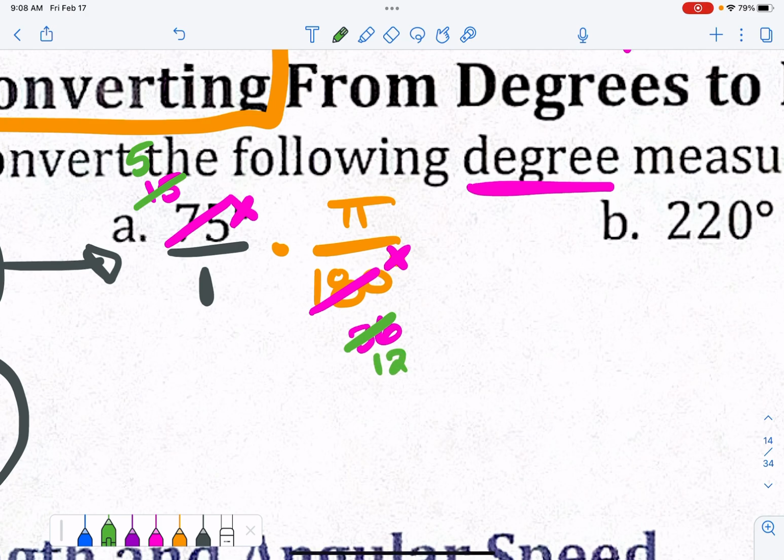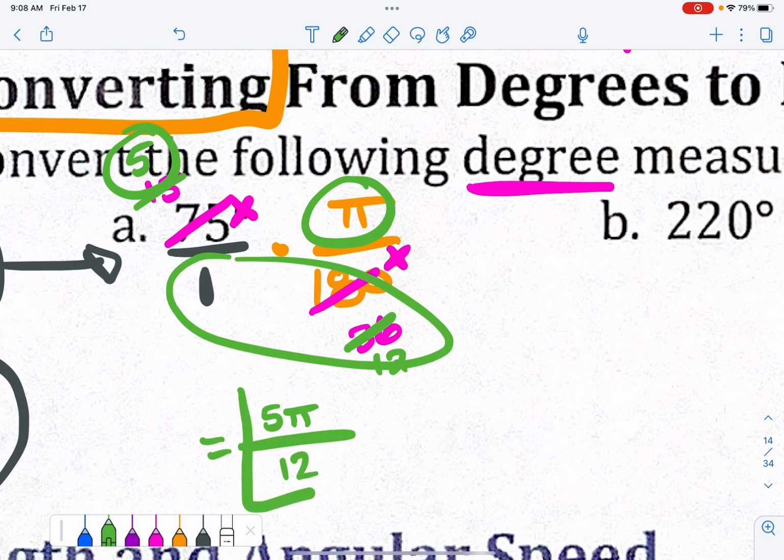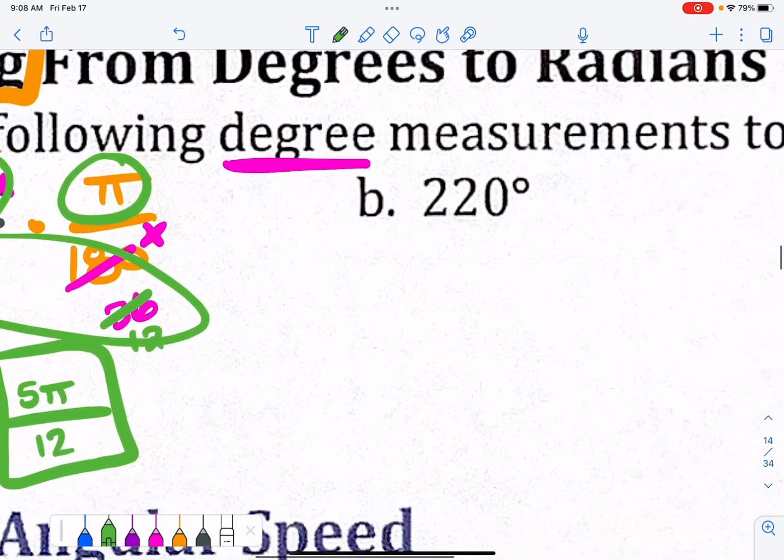Okay, so then I'm just looking to put it all back together. So I have 5 times pi, which is 5 pi, and 1 times 12 on the bottom is 12. Okay, notice I did not write the 5 and the 12 as a decimal, right? It's not like a decimal. I just reduce it as far as I can. And then so 75 degrees is 5 pi over 12. Okay, and that's all.